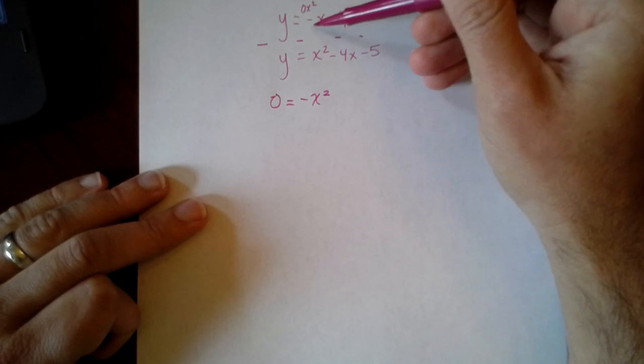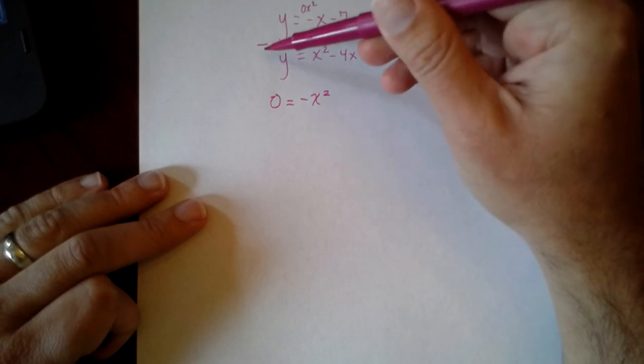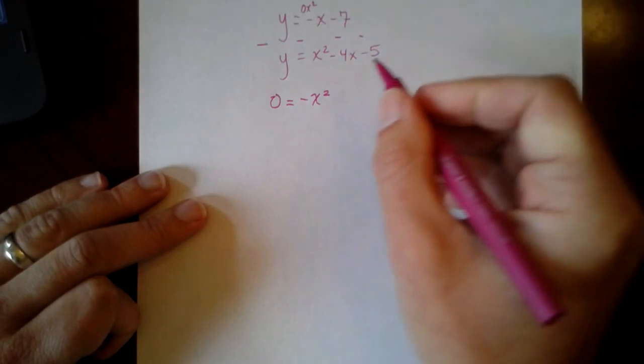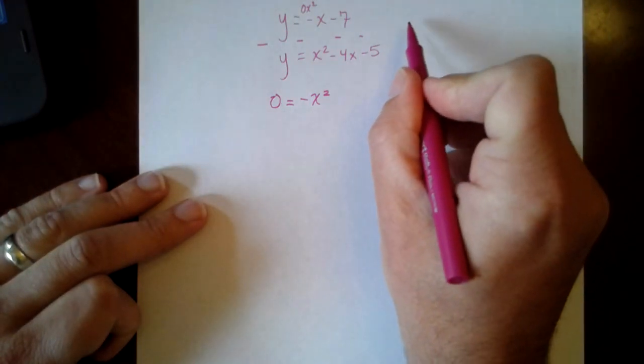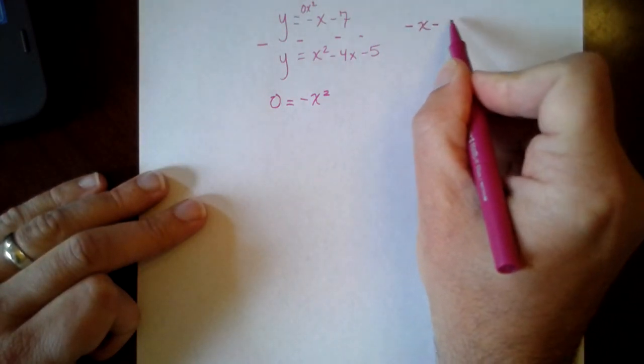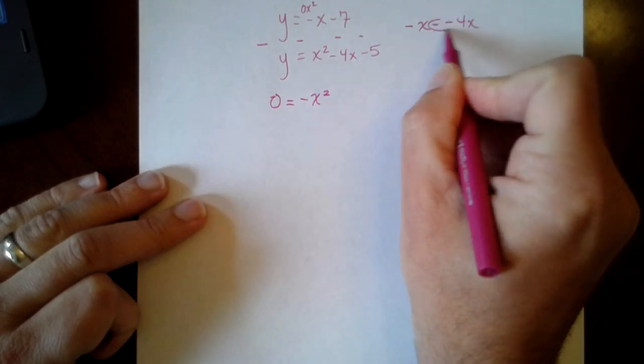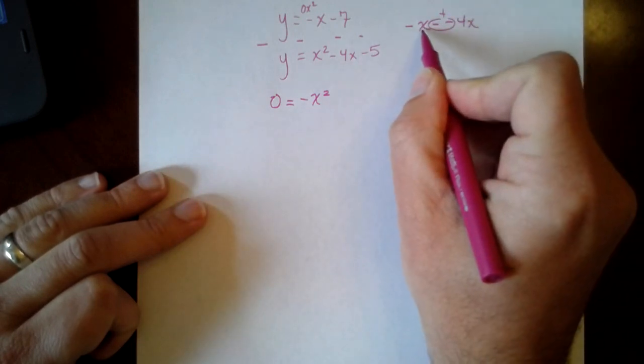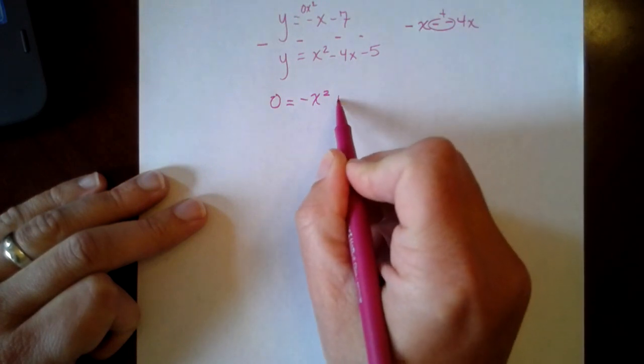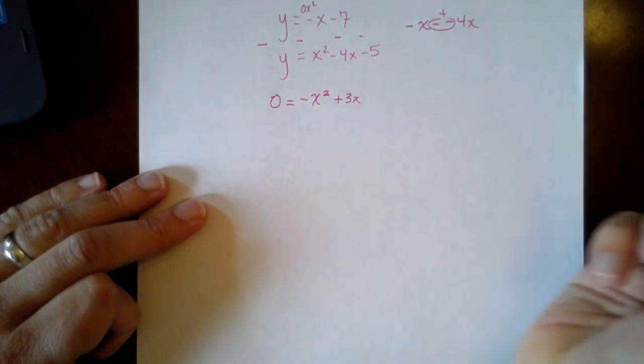Now I'm going to do negative x minus negative 4x. Now I know that's kind of a lot going on there, so I'm going to write it to the side. Negative x minus negative 4x. These guys combined make a plus, so it's pretty much negative x plus 4x gives me positive 3x.